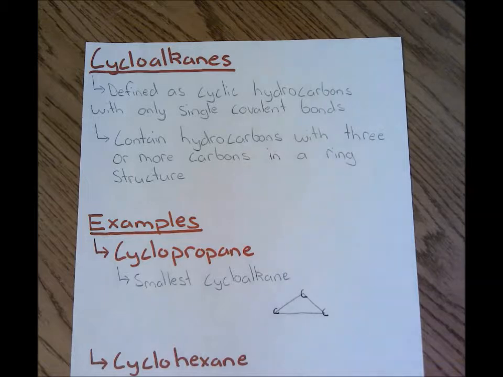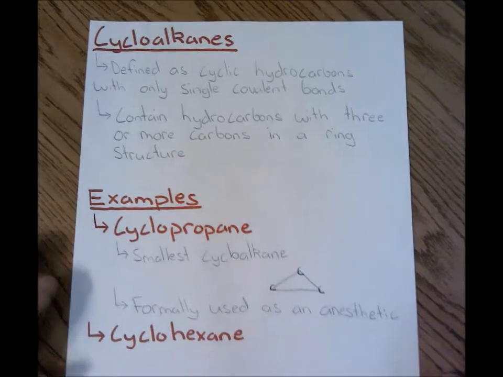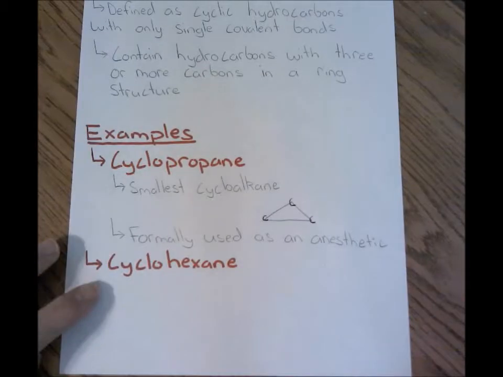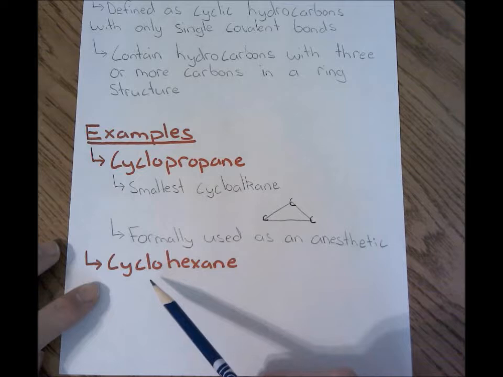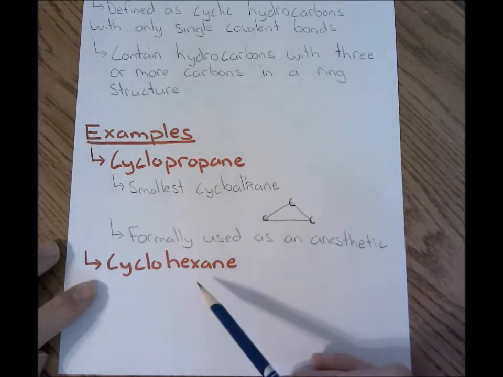Now, cyclopropane was once used as an anesthetic, or something to do some numbing of that particular area. And then another really common example of a cycloalkane is cyclohexane. Again, cyclo means it is in a circle, or all those carbons are connected together, and hexane means the number 6.